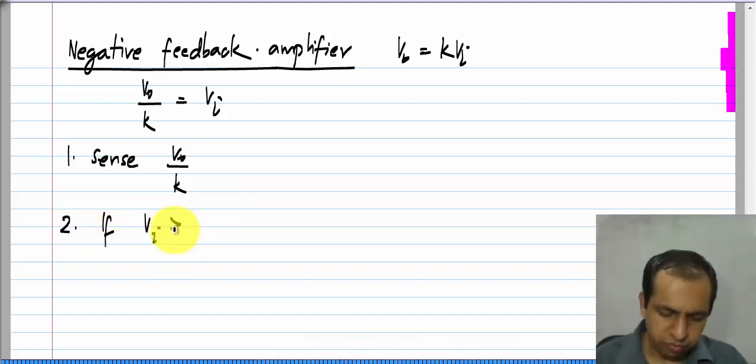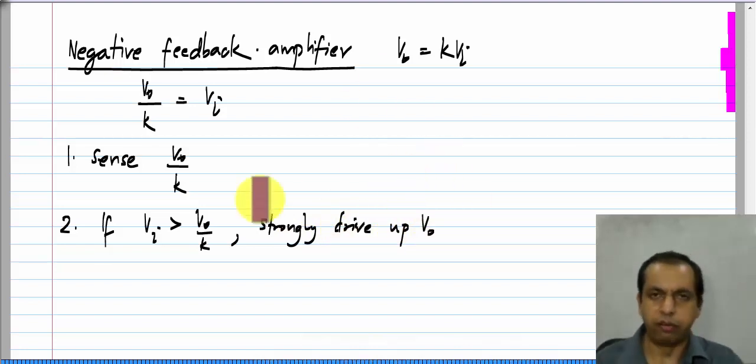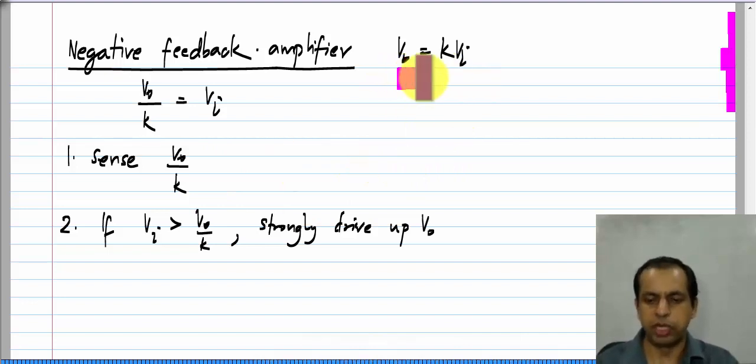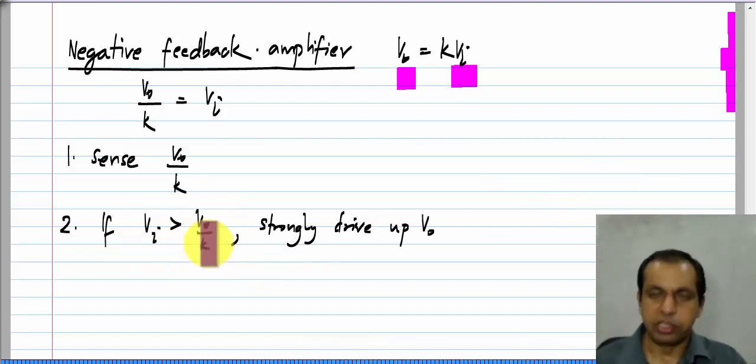If V I is more than V naught by k, I strongly drive up V naught. V naught is the quantity I want to control, it is my output, whereas V I is the input. So, if V I is more than V naught by k, that means that V naught is too little.